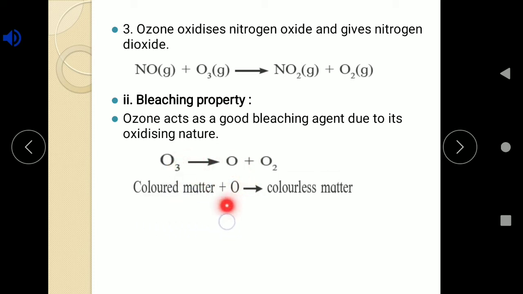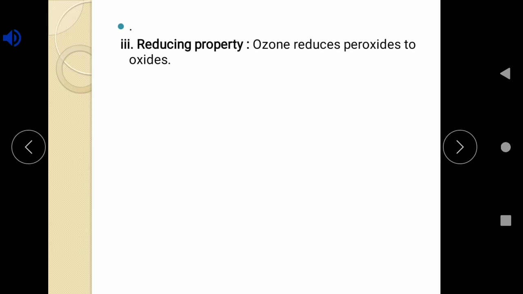On treatment with the nascent oxygen released by ozone, it is converted into colorless matter, that is, to remove color from raw silk and from various chemicals, it is used. So bleaching property is again shown by ozone.